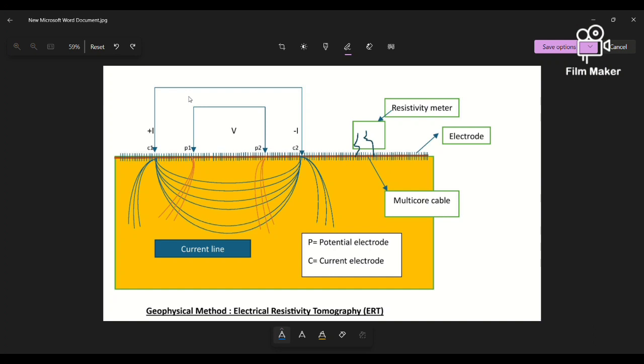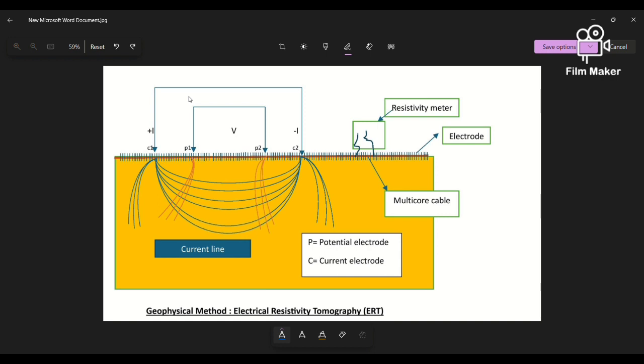Today we will discuss the geophysical method, electrical resistivity tomography, which is used for the investigation of the subsurface, such as layers of the surface, fractures of the surface and subsurface, salinity, and the water table beneath the ground.